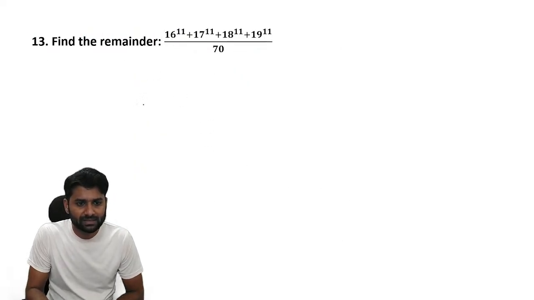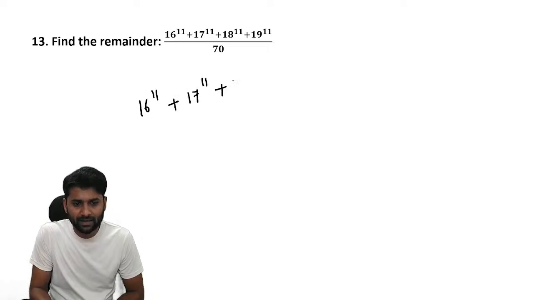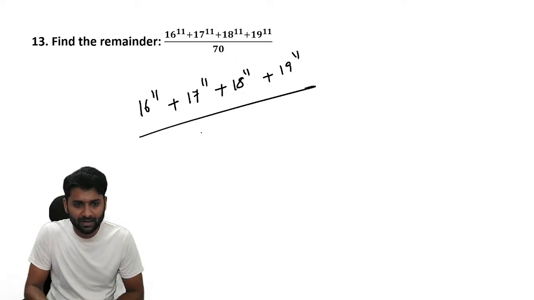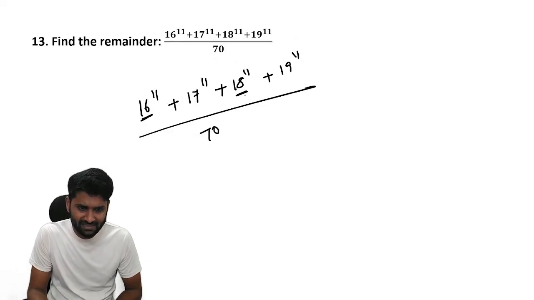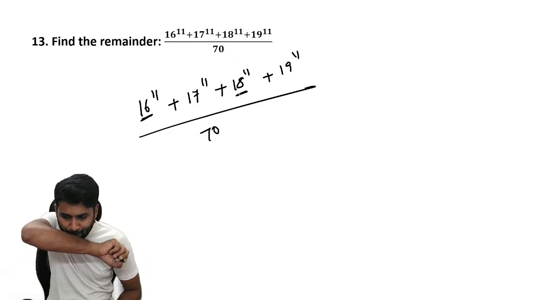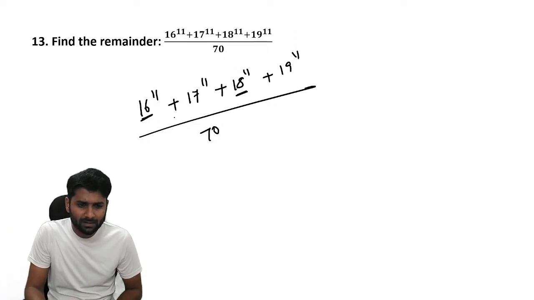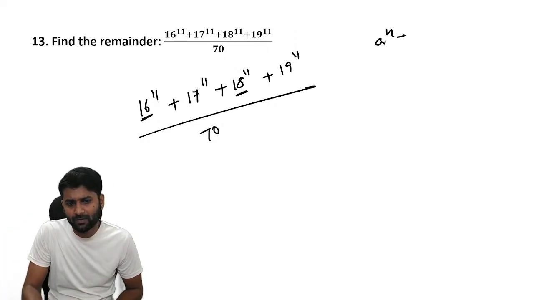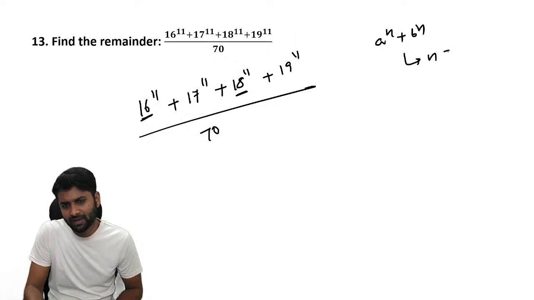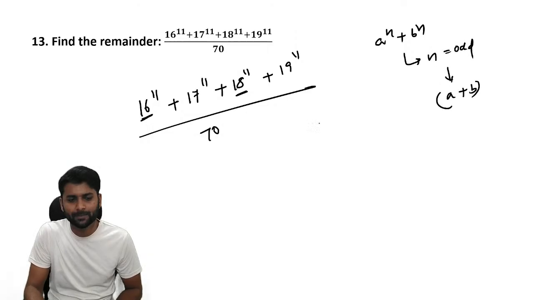Next, 16 power 11 plus 17 power 11 plus 18 power 11 plus 19 power 11 divided by 70. Again, 16 plus 18, 17 plus 19. This is a power n plus b power n: if n is an odd number, it is always divisible by a plus b.